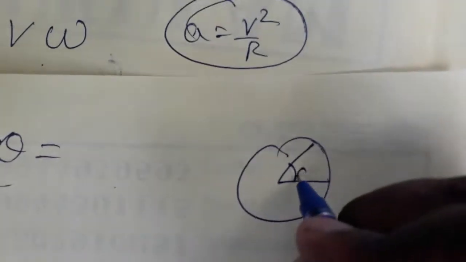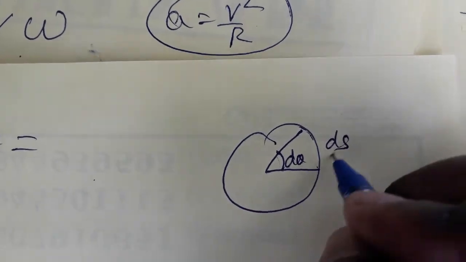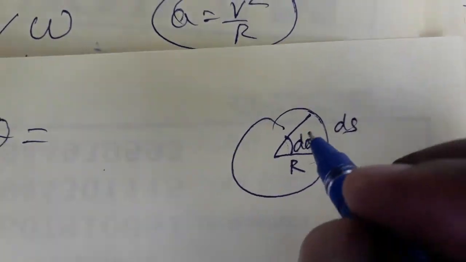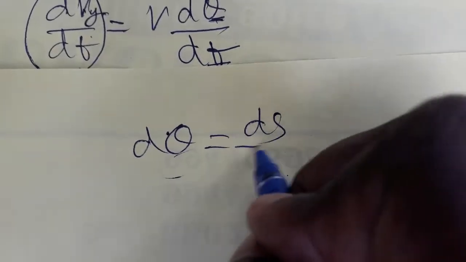Okay, d theta is the angle of rotation in rotational motion. Ds is the arc length and the radius is r, so d theta is equal to ds by r.